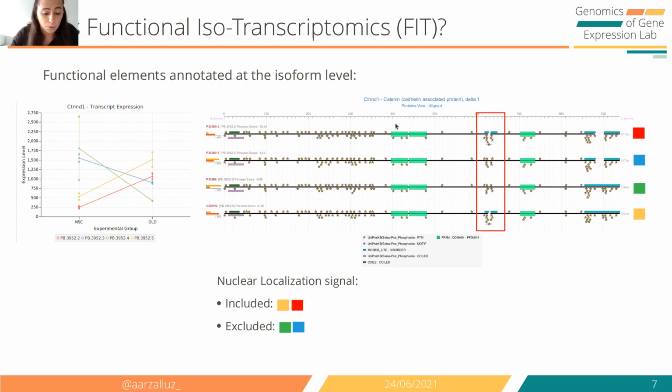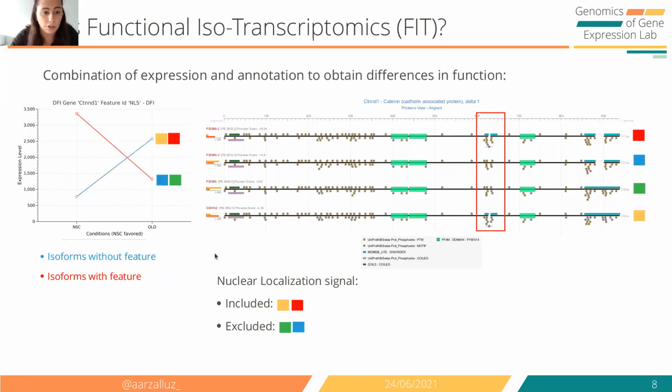By combining the expression of the feature-including and feature-excluding isoforms, TappAS can detect a change in feature inclusion that is condition dependent, with NLS-containing isoforms being favored in the oligodendrocyte condition and the exclusion being favored in the neural condition, right?